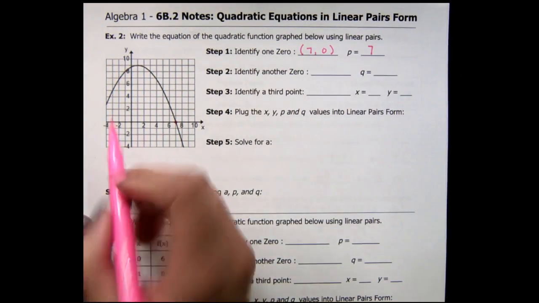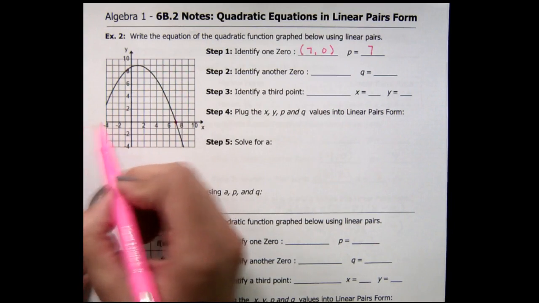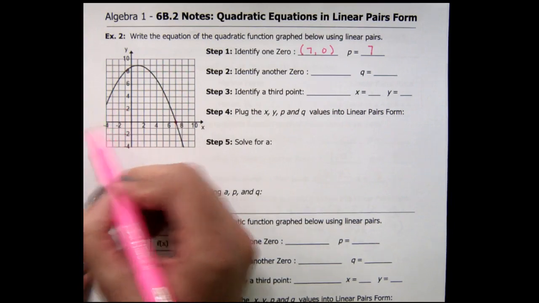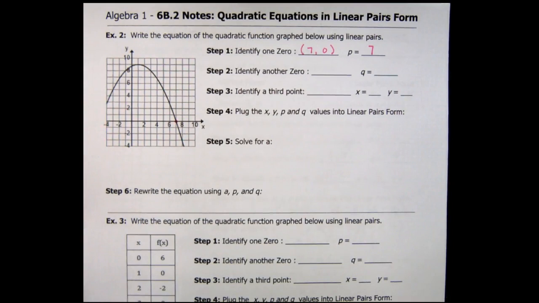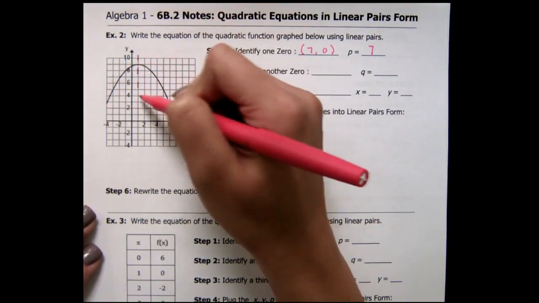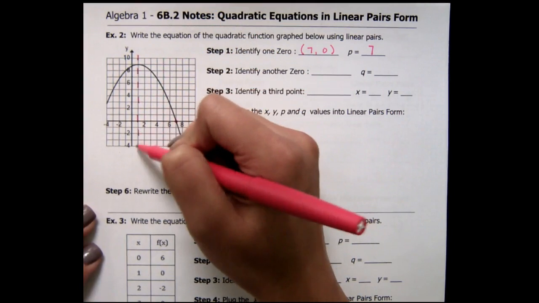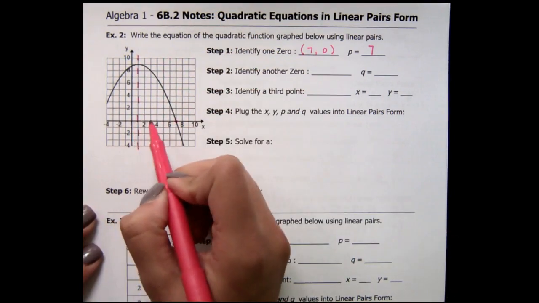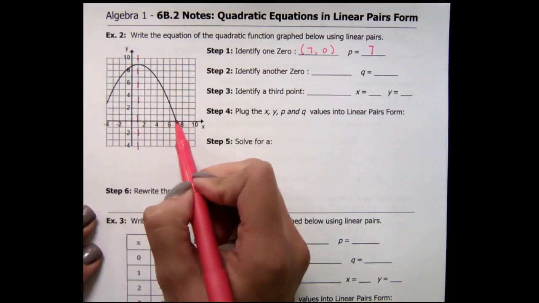Now, I can't see the other end where my parabola intersects the x-axis, but I know that the axis of symmetry from 6A splits my parabola down the middle. So if my axis of symmetry is here, that means there are 1, 2, 3, 4, 5, 6 spaces between my axis of symmetry and this 0 or x-intercept.